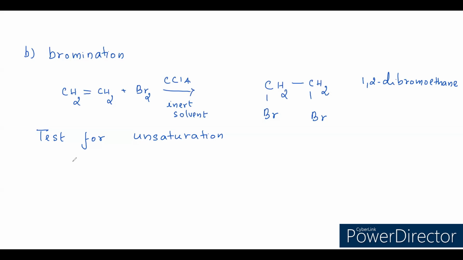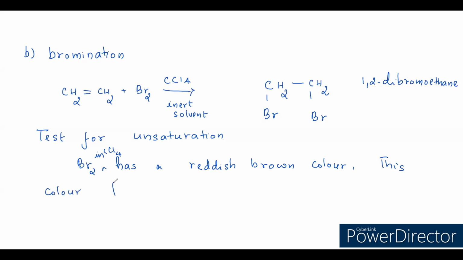Now, so in minimum words here, bromine in CCl4 has a reddish brown color.